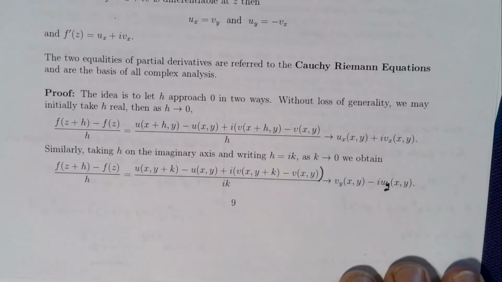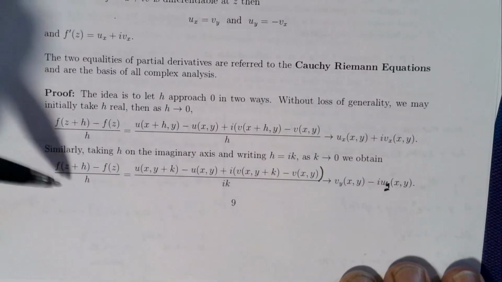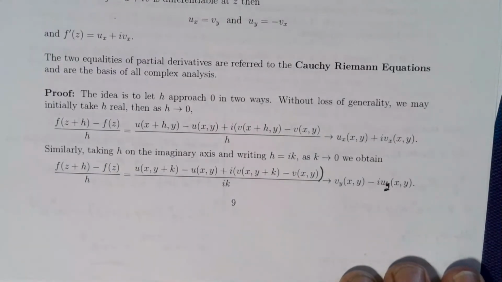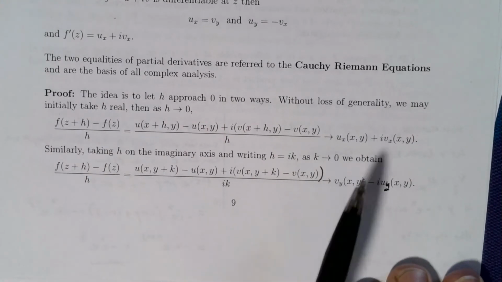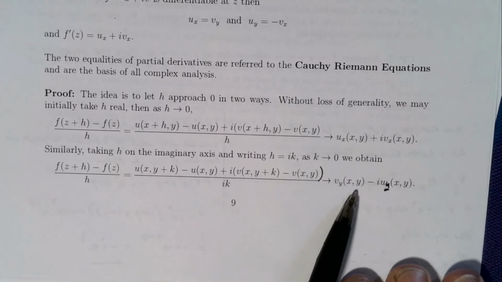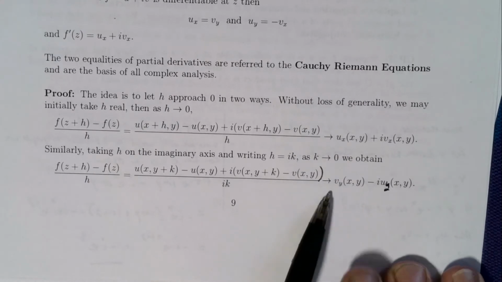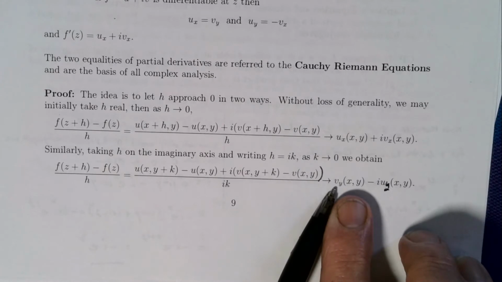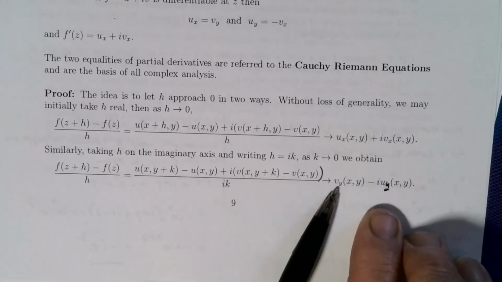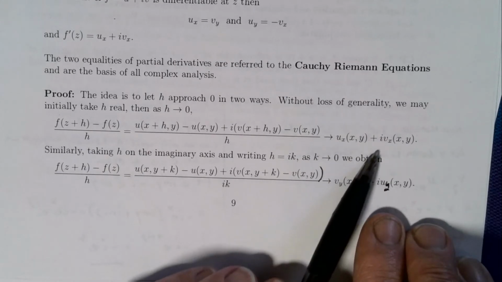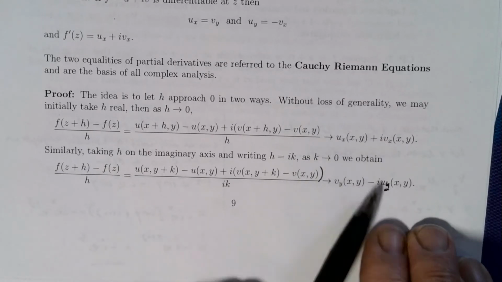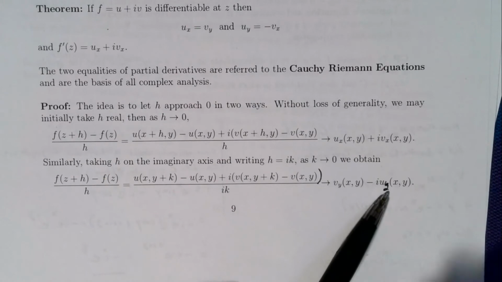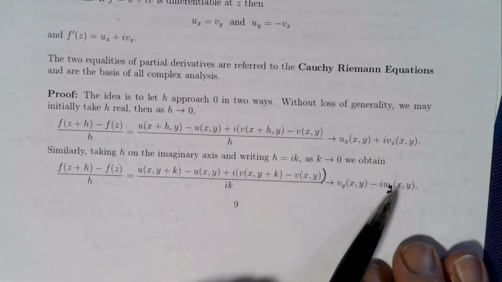Now the point is that these limits should be totally independent of which way h goes to 0, because the function is differentiable, and so we can equate these two. So equating the real parts, we get u sub x is v sub y, and equating the imaginary parts, we get v sub x is minus u sub y, or if you will, u sub y is minus v sub x.